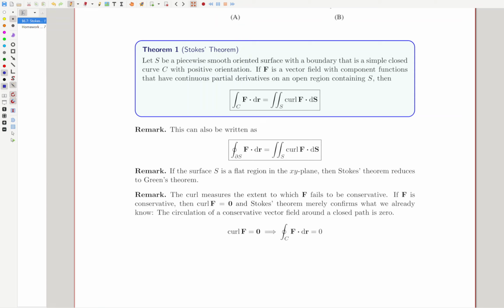There's this remark that if the surface S is a flat region in the xy plane, then Stokes' theorem reduces to Green's theorem.